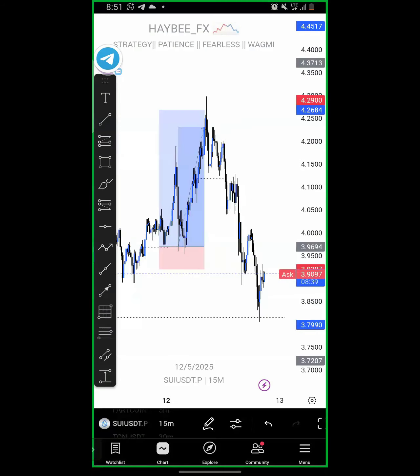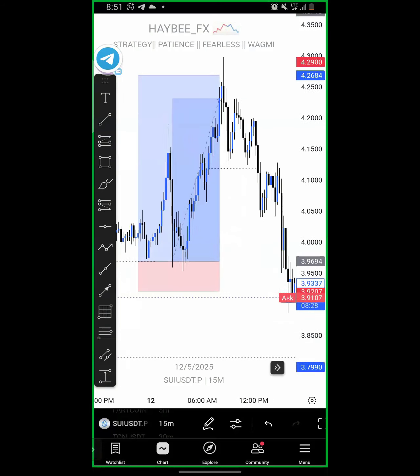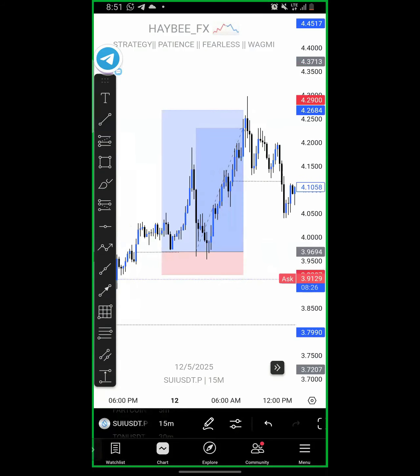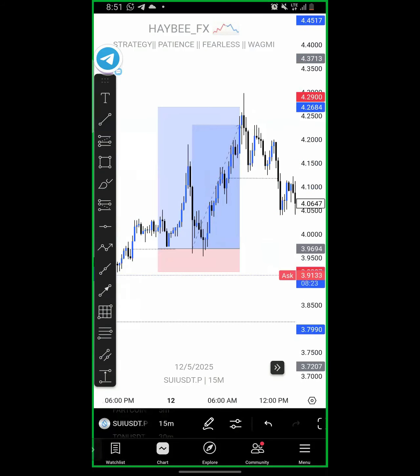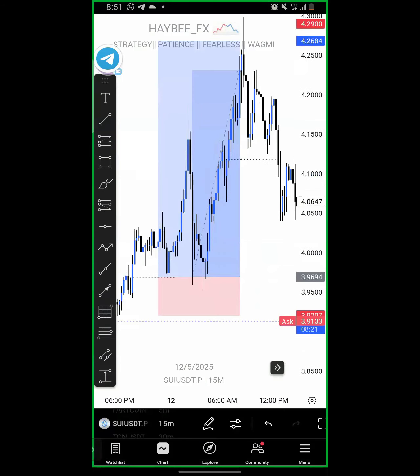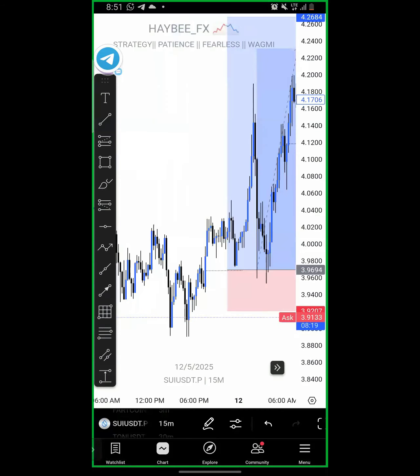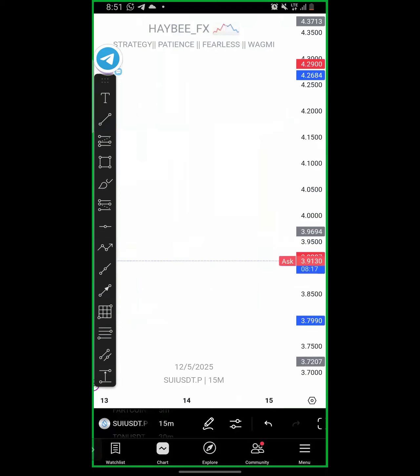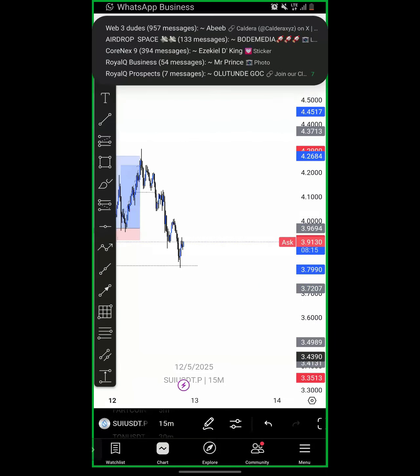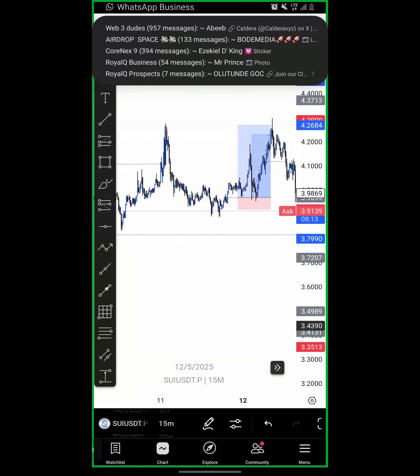You can see this is still USDT, but this is perpetual actually. I think this trade was yesterday night till this morning. If you look at this trade, you first ask where the market is going. Like you said, first know the bias of the market.